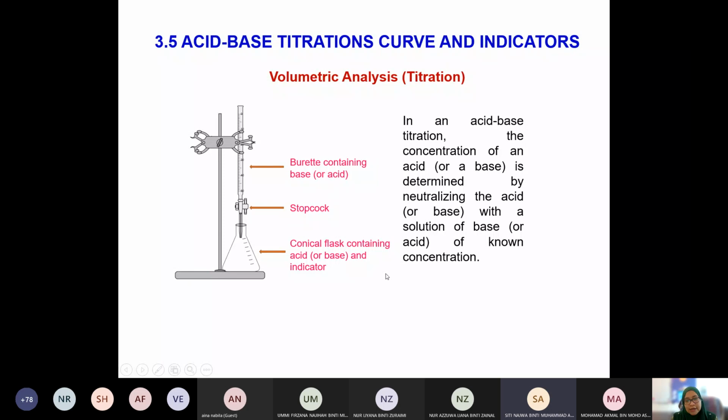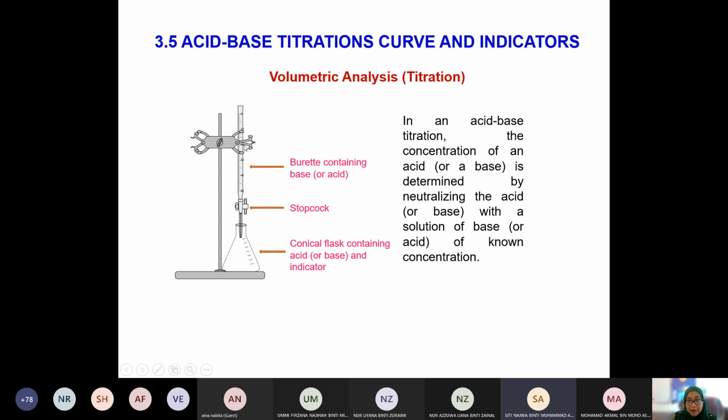Okay, later we can calculate, because when we want to determine the concentration of the acid or base, one of the solutions must have a known value. We know everything about the other solution, while the one that is unknown is fine, that is what we want to find. But the other one we must know the information on that solution.